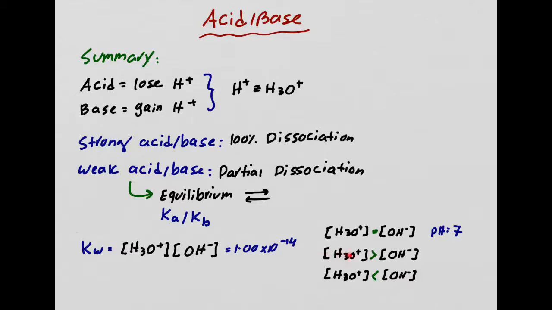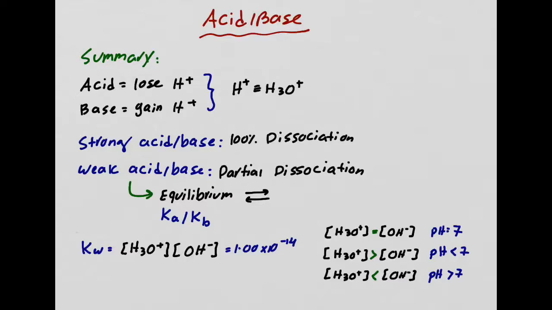Now, if the hydronium has a larger concentration than hydroxide, that means we have an acidic solution, right? And if you have an acidic solution, the pH is going to be less than 7. And if the hydronium concentration is less than the hydroxide concentration, that means you have a basic solution, or you're going to have a pH that is greater than 7.